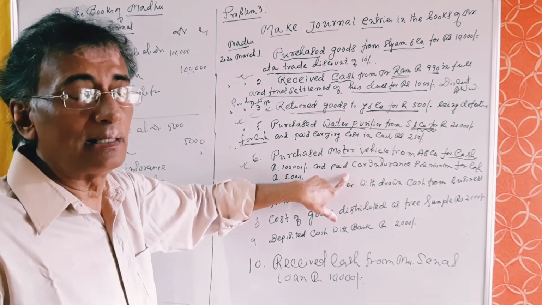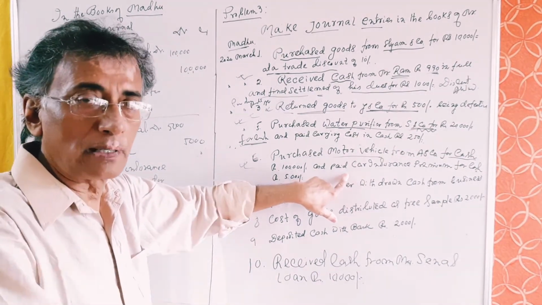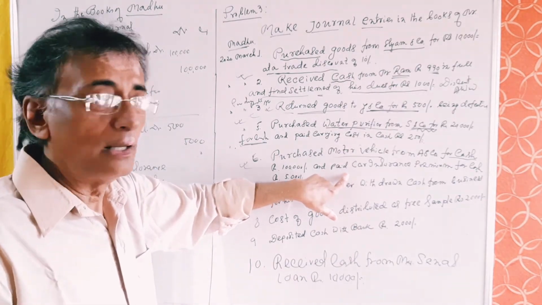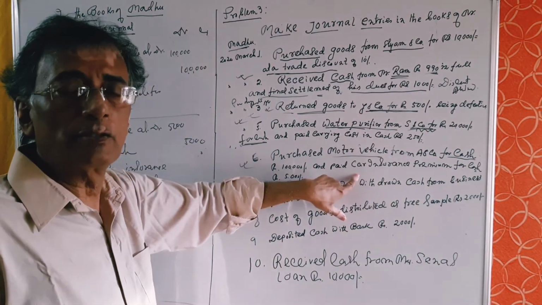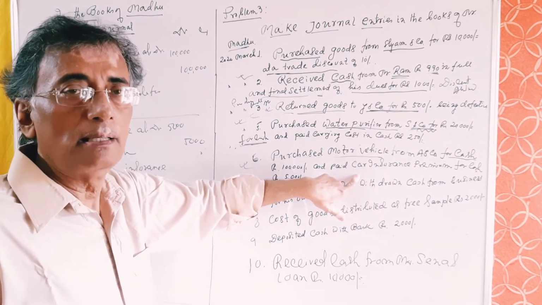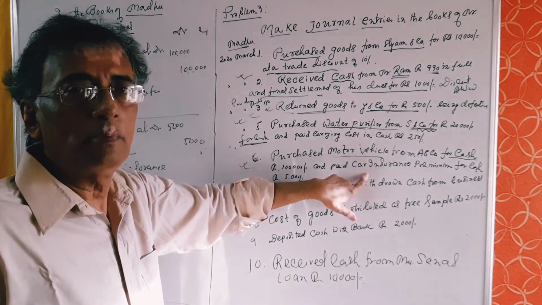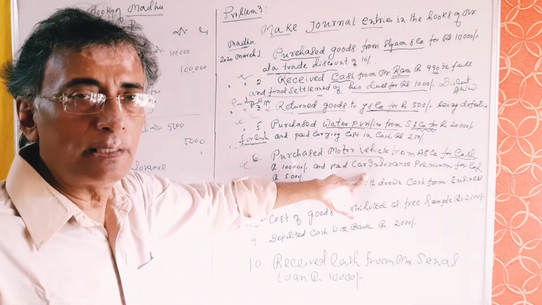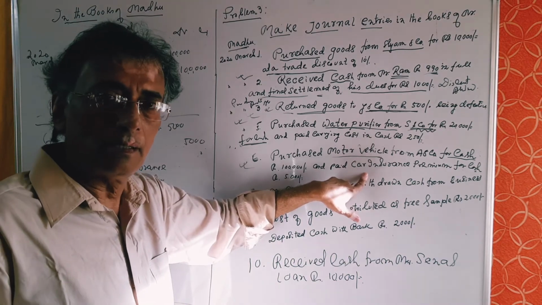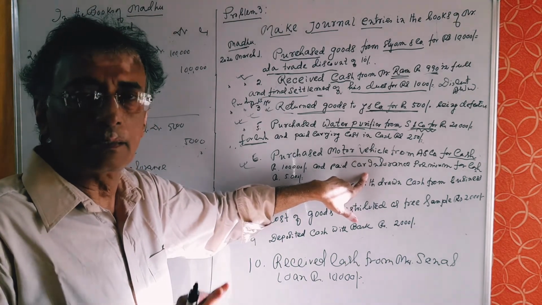Though revenue in nature, it is put into capital account. Next year, when we renew the car insurance premium at the expiry of the premium period, this car insurance premium will be treated as revenue expenditure and will be debited to car insurance premium account. Is it clear? No doubt? I think there is no doubt.